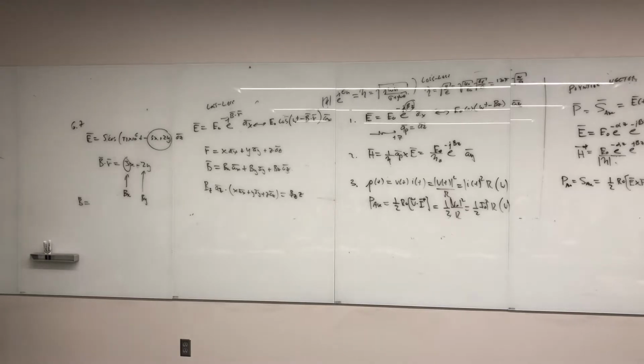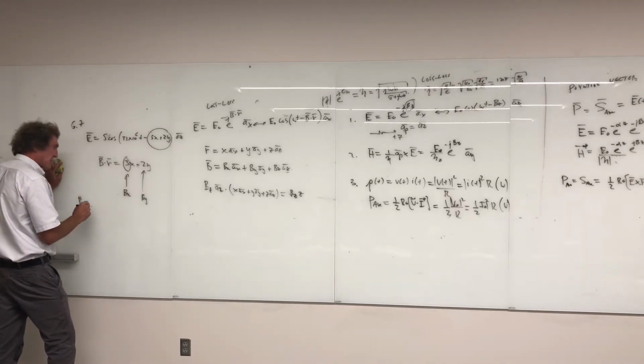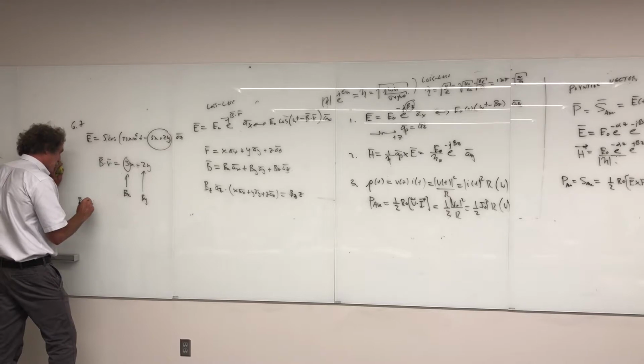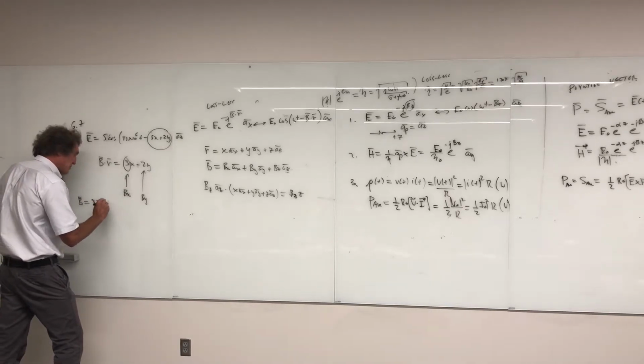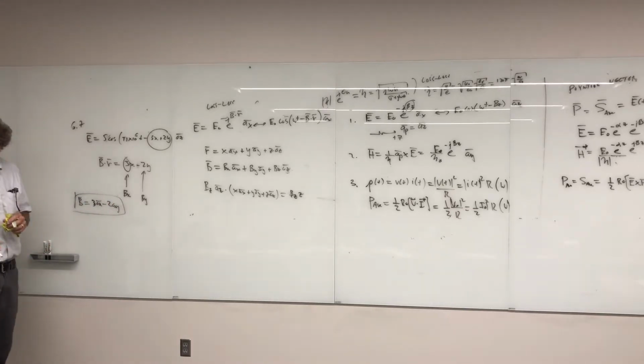Just remember, if you're looking on the internet for other sources of information, the letter k is universally used for that, almost everywhere. So now I have my vector beta here in general would be equal to 3a_x minus 2a_y. Now box that. That is beta in general.